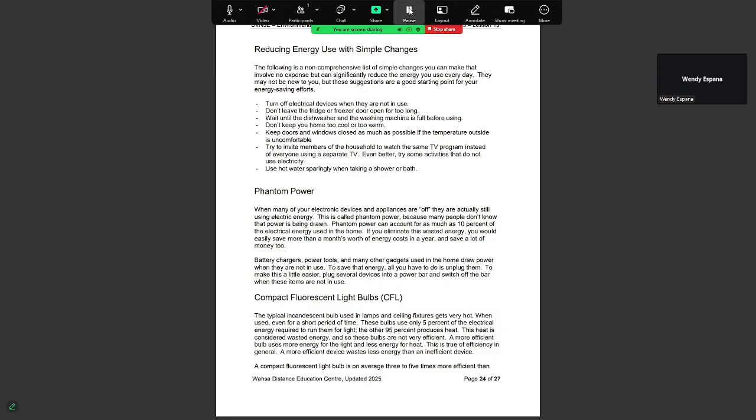So what I do is I have a timer on the Apple TV, and I also have one on the television, but the Apple TV will actually shut off the television, so that's good. So putting a timer on so that if you fall asleep and you don't turn off the TV or the device or whatever, it will automatically go off. Those are really good to do.